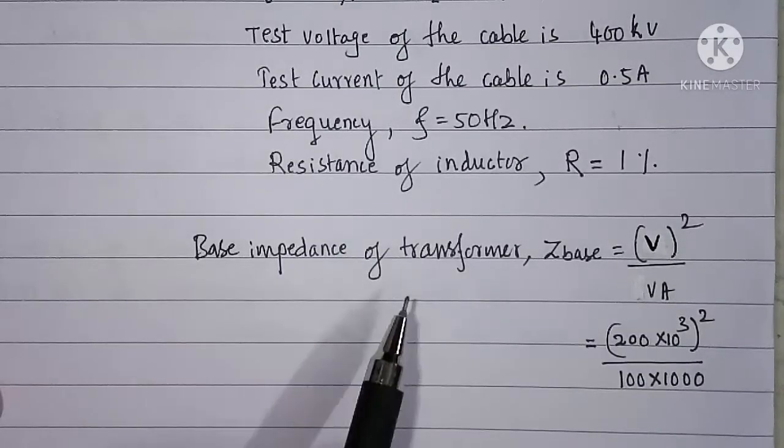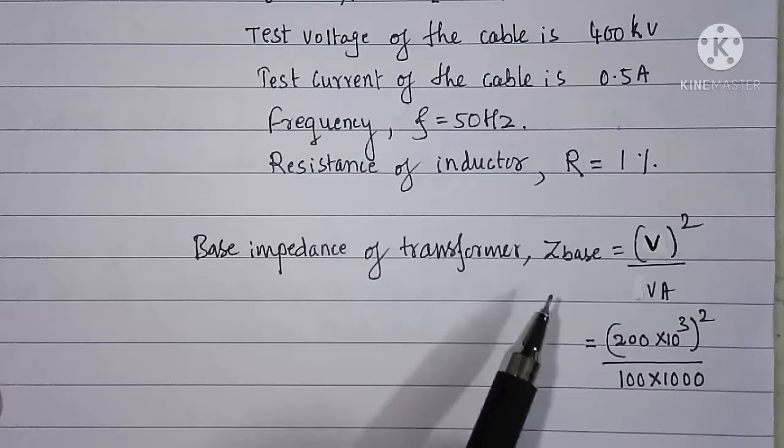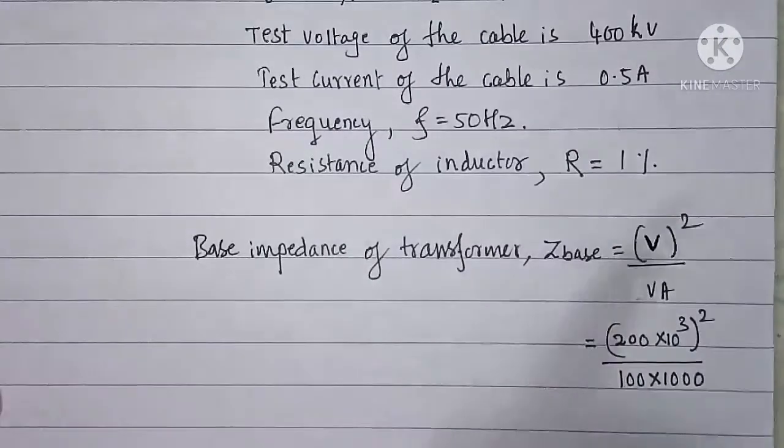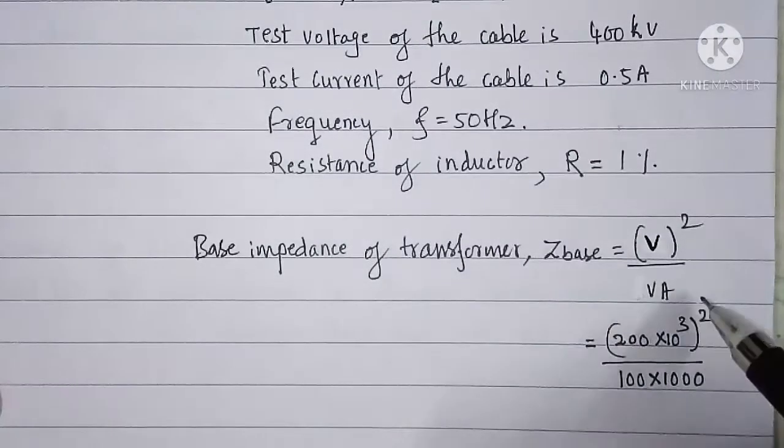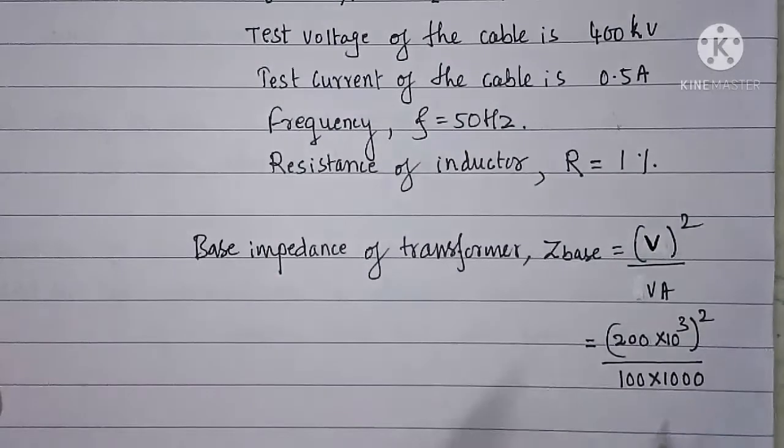First we will calculate base impedance of transformer, that is Z base equal to V square upon VA. That is equal to 200 into 10 raised to 3 whole square divided by 100 into 1000.